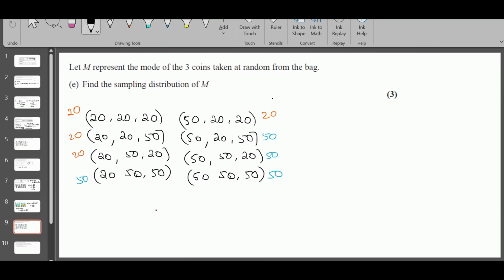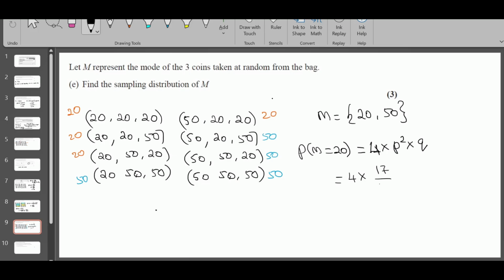So mode M takes 2 values, 20 and 50. So when M is 20, there are 4 similar combinations, 4 times P squared times Q, which is 4 times 17 over 20 whole squared times Q.